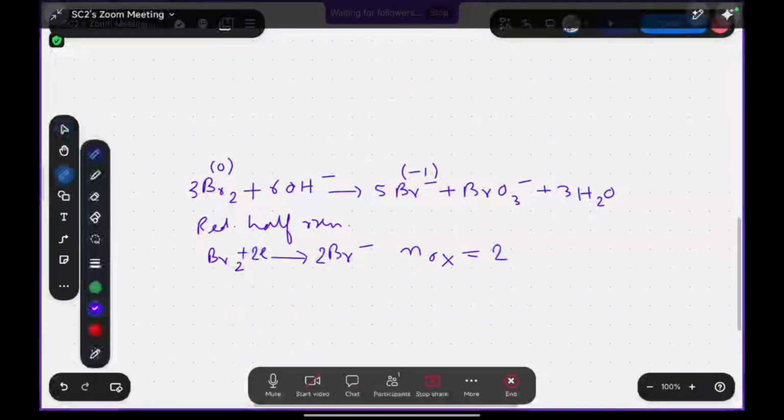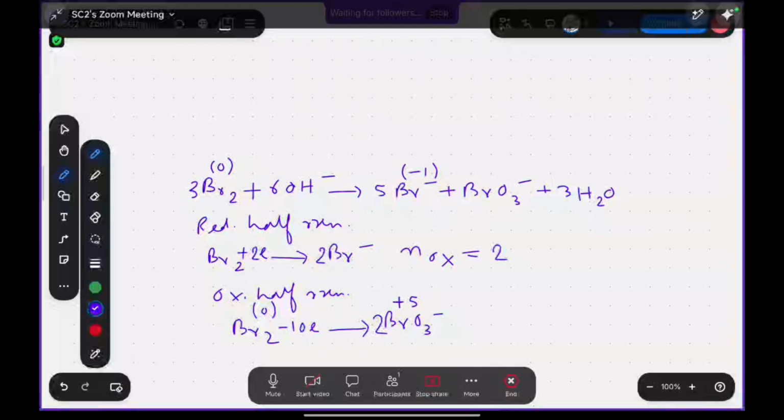And during the oxidation half reaction, it is Br2 to BrO3 minus. First you have to make bromine 2 on both sides. Then the oxidation state is plus 5, and each bromine changes by 5 units. For 2 bromine, that means a 10 electron change. So N for oxidation is 10.